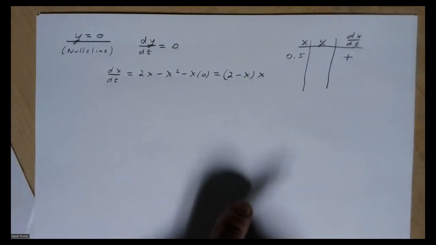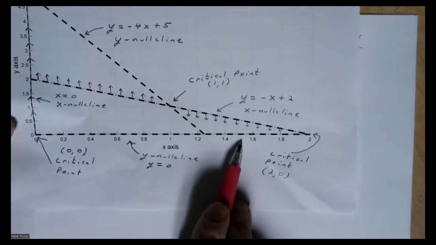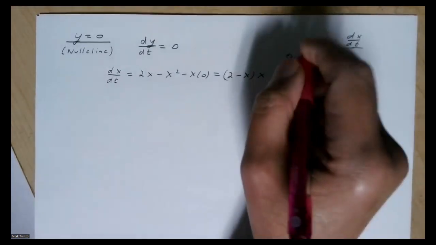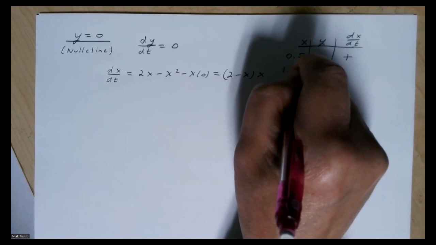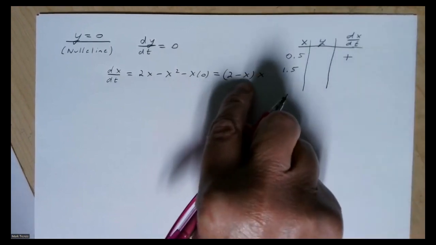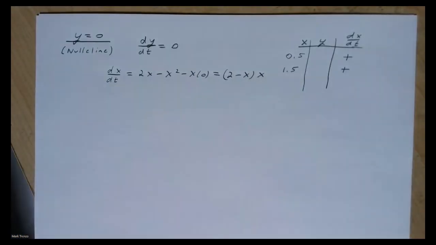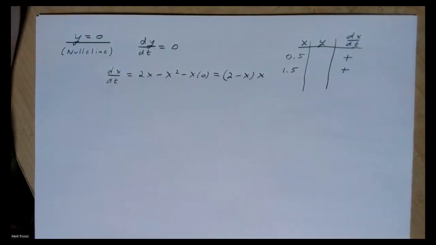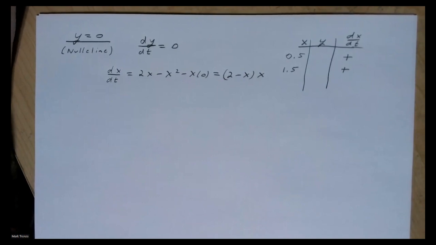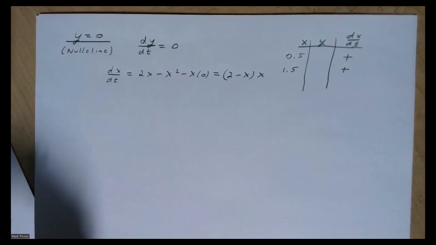And then let's pick a point over here, maybe 1.5. And this will be 2 minus 1.5. That's going to be positive times positive. That's positive there. So it looks like those ones will all be going in the positive direction.